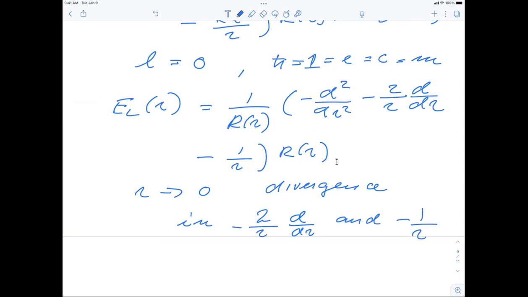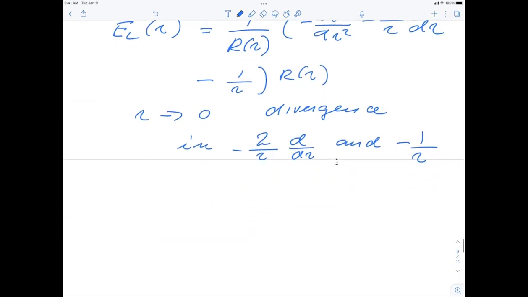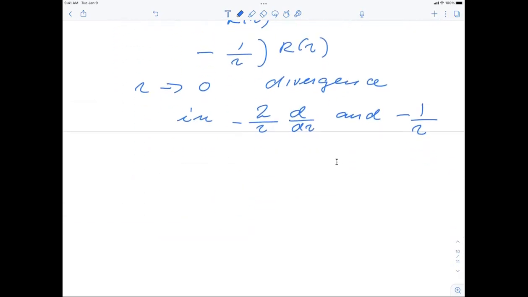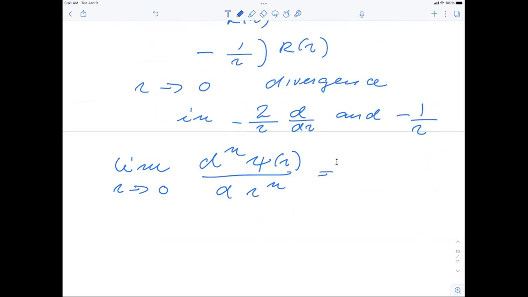There are some important assumptions here. And these important assumptions are the following. So when I take the limit of R goes to 0 of the derivative of the wave function as a function of R, this is assumed to be a constant.